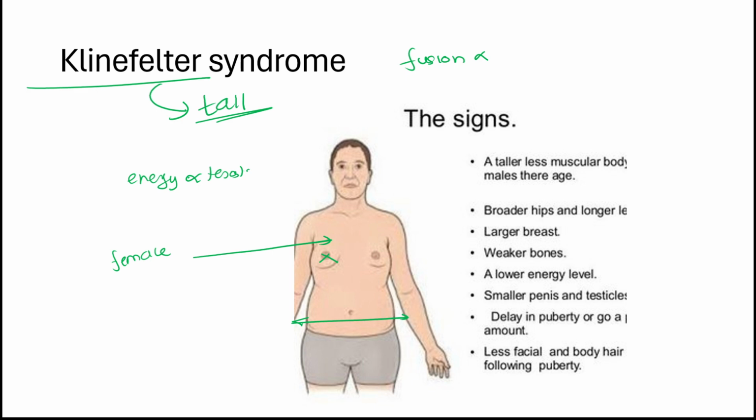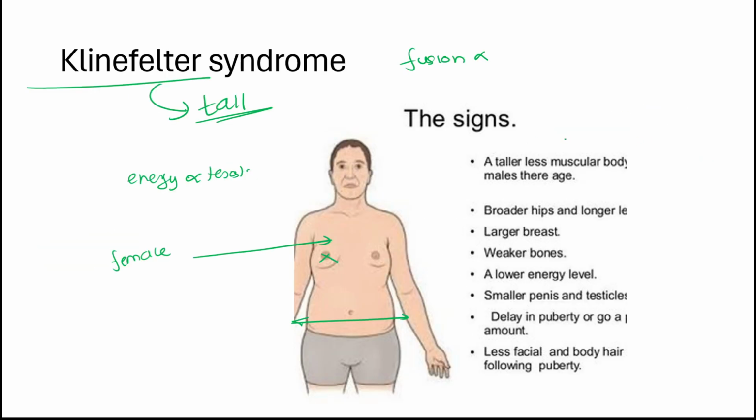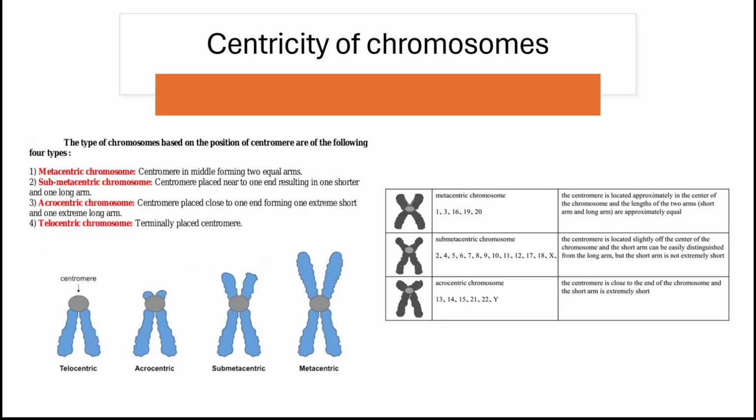In Klinefelter syndrome, however, they will not show sharp growth spurts like normal males, but a slow growth spurt which is present for a longer duration of time. They even grow in their 20s, unlike a normal male. So, tall individuals.